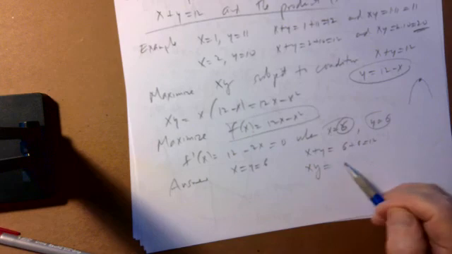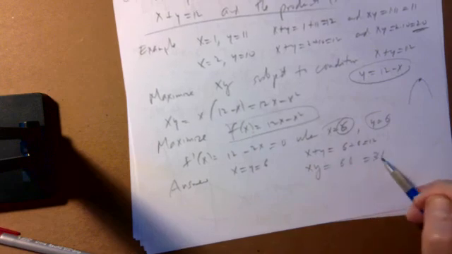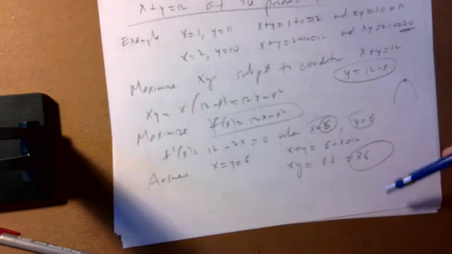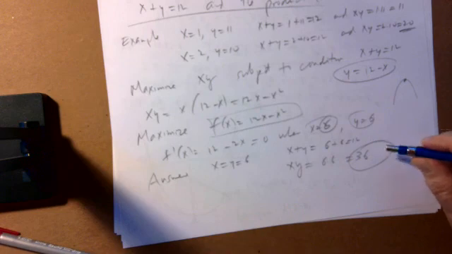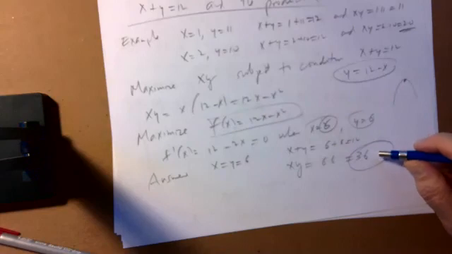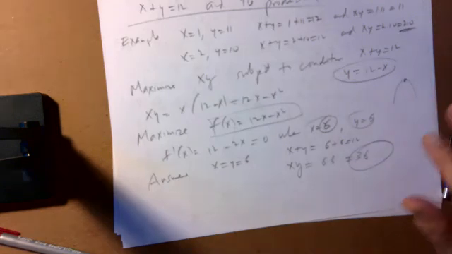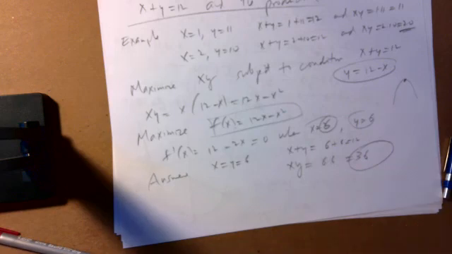And x times y is 6 times 6 is 36. And that's the largest product of two numbers that add up to 12. Right? So you get the maximum value of 36 when you choose x equal y equal 6. And that's what it is.